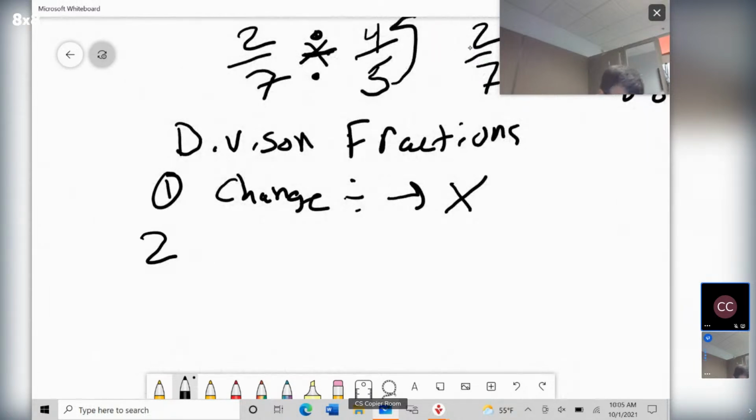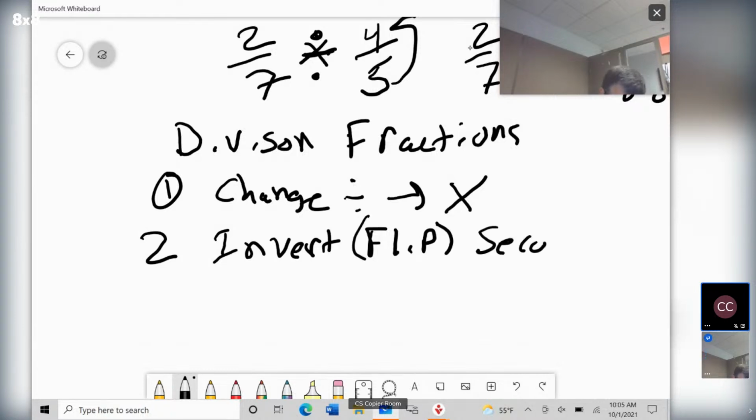And the second is we invert, or flip, the second fraction. So those are the two steps for division of fractions. Change the division to multiplication, and then you flip the second fraction.